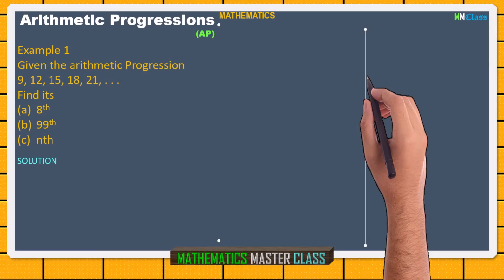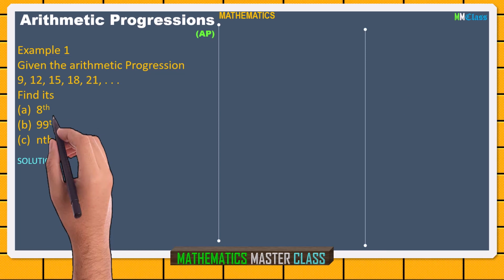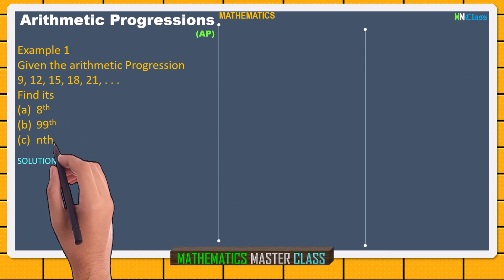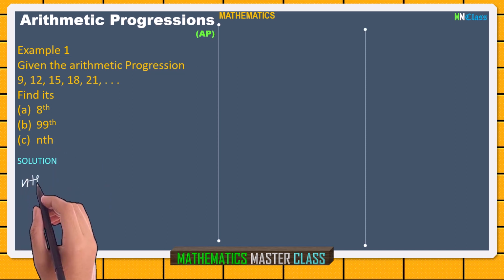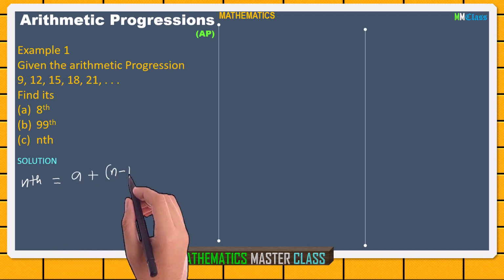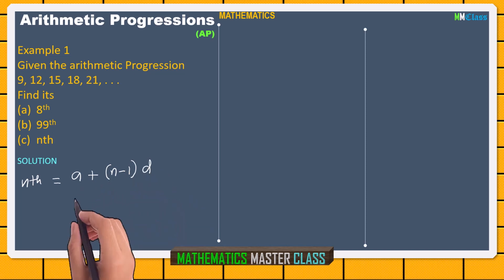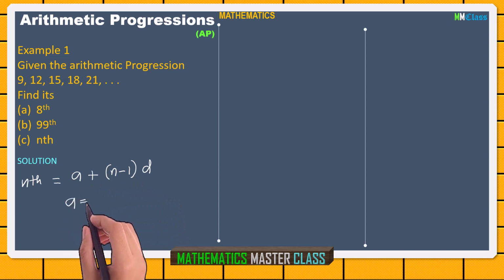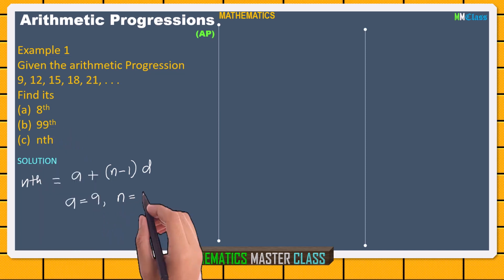Example 1. Given the arithmetic progression 9, 12, 15, 18, 21, find its eighth term, ninth term, and the nth term. To find the eighth term, remember the nth term is given as A plus (n minus 1) times D. From the question, A is 9 and n is 8, since we are looking for the 8th term.